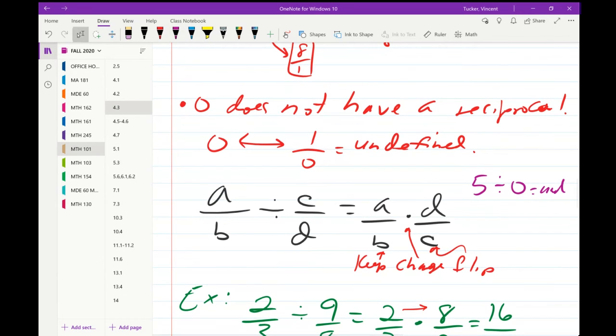All right. So A over B divided by C over D. Some people like to say keep, change, flip, so that's why I wrote that right there. Somebody had mentioned it, but that's just A over B. You keep that the same. Change division to multiplication, and then you flip the one that follows the division sign. So, like I said, some people like to lean on the words keep, change, flip.